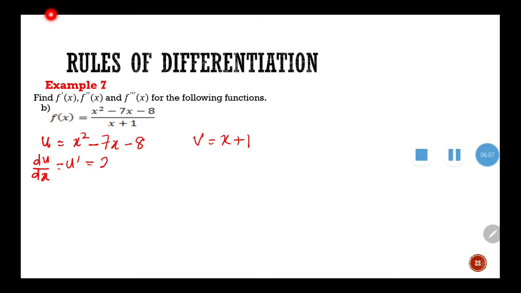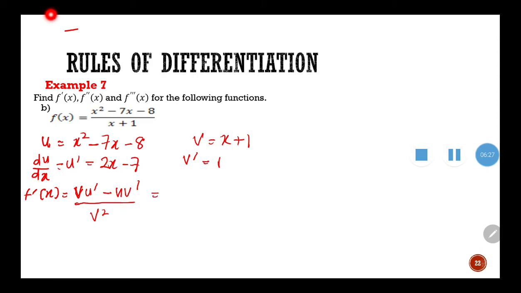U is 2x minus 7, and V prime, or dv over dx, is equal to 1, right? So from here we use the formula for f prime x. The formula will be, remember it starts with V first, V u prime minus u v prime over v square.